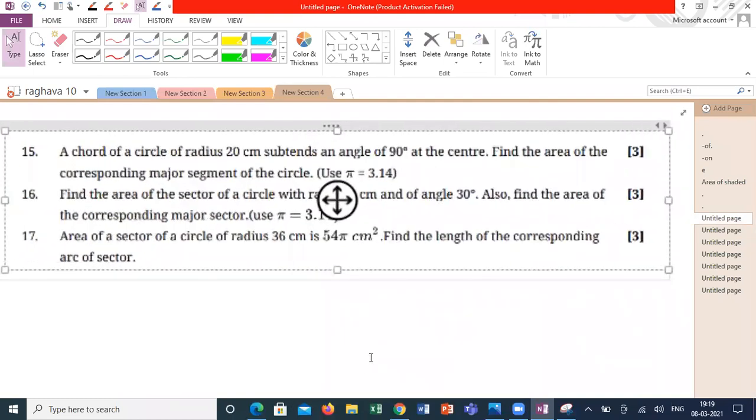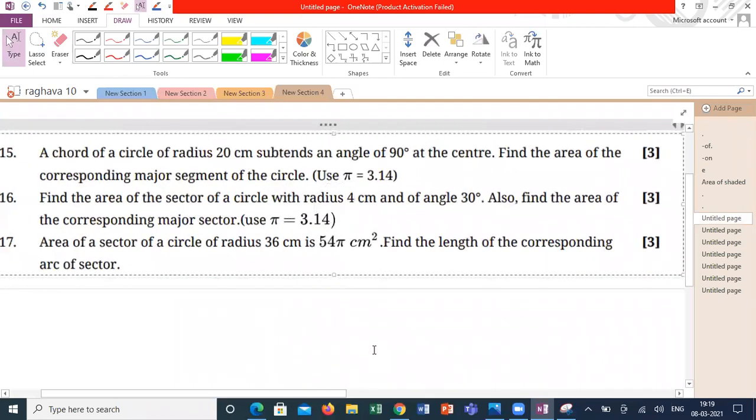Niranjan, please proceed. 15, 16, 17. First do the 15th one. Once you're done, please let me know.